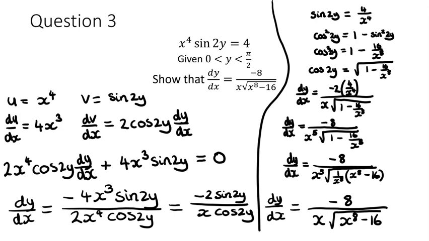If you're spending 20 minutes trying to do it, then maybe your time is better spent on other questions in the exam. By all means, do the differentiation part, get that bit. If you are struggling getting that final form, hopefully this has helped, but please don't spend ages and ages on it like I sometimes see some students do. Okay, so just a little bit of tips there. So that got a bit harder, didn't it, than the first two? Let's have a look at question number 4 then.